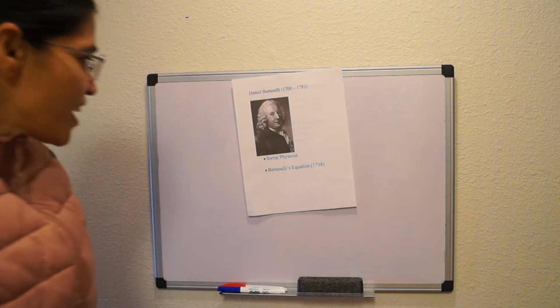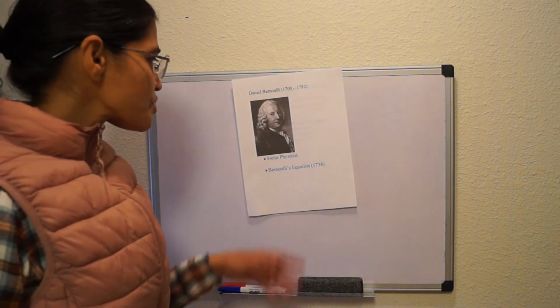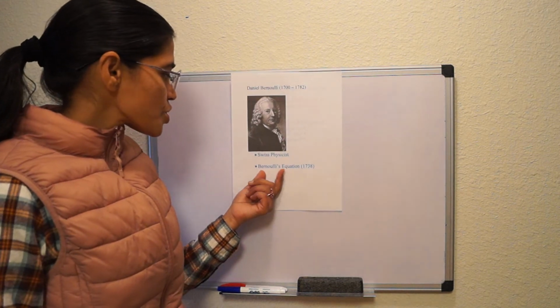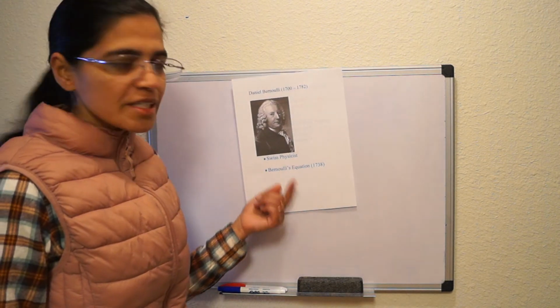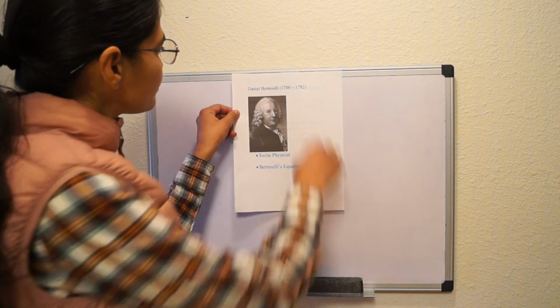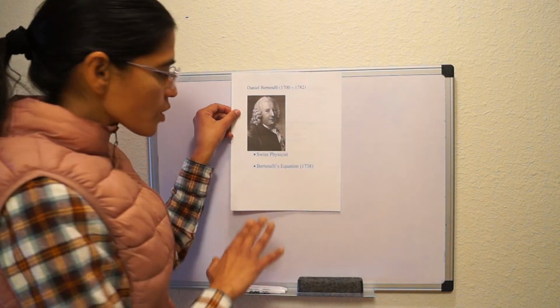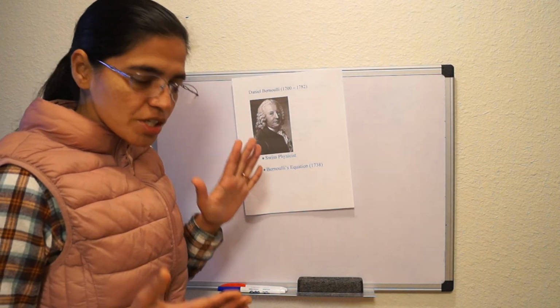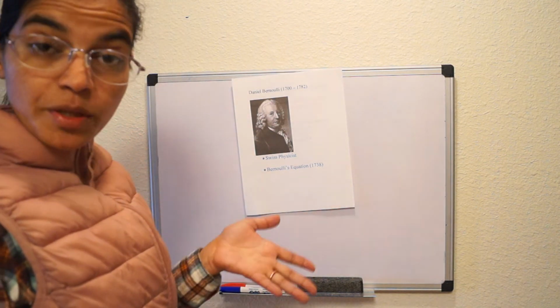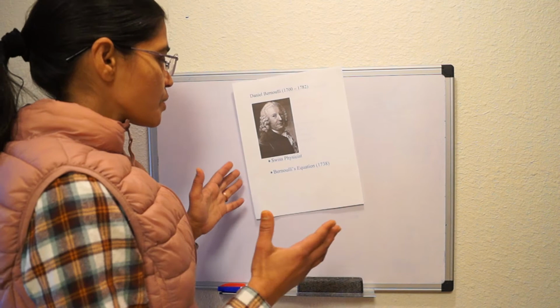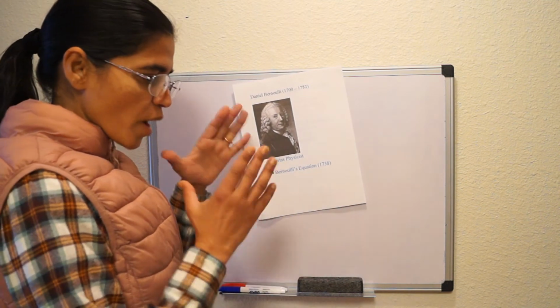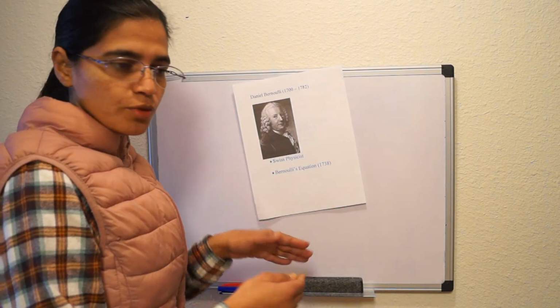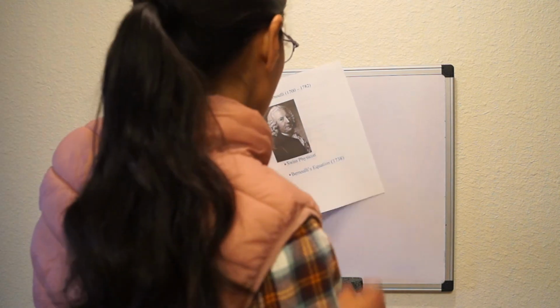He was a Swiss physicist, and he came up with the equation called Bernoulli's equation in 1738, and this equation tells us why there is a change in the speed of the fluid when the fluid flows from the wider part of the tube to the narrower part. Okay. All right.